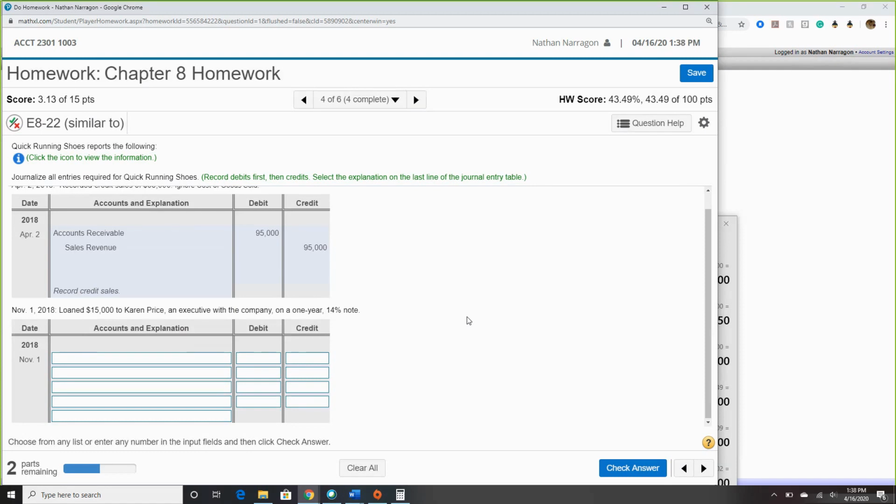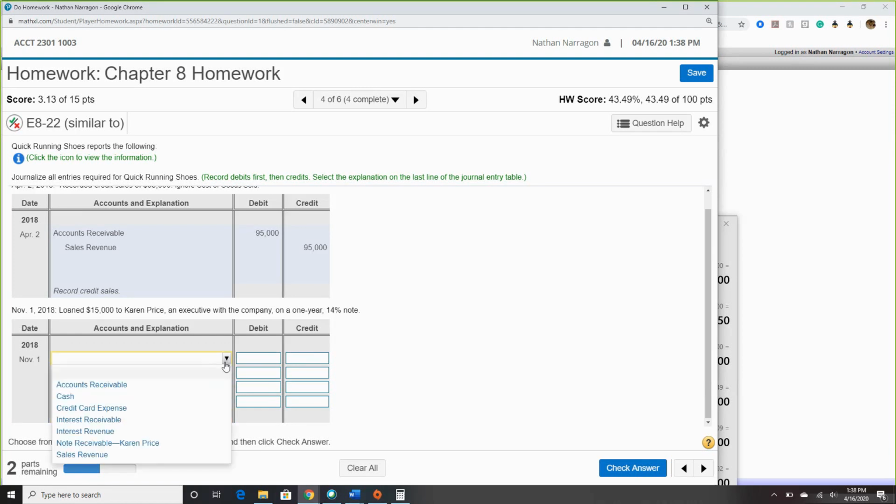We end up loaning $1,500 to Karen Price. That must be an executive with the company, okay, on a 1-year, 14% note. Okay, if y'all remember from the notes, we're recording a loan to the employee. Okay, what would be my debit? What would we debit for these? Our note.